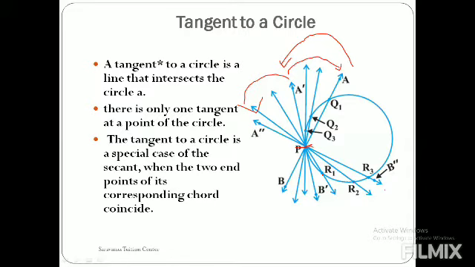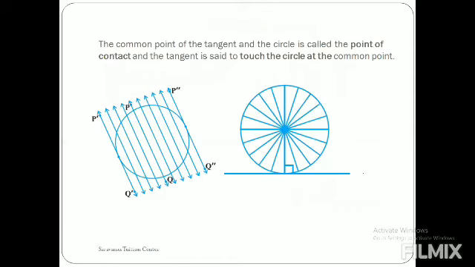When A double dash B double dash moves towards A dash B dash, similarly, the common point R3 moves towards the point P, from R3 to R2 to R1, okay? So the tangent to a circle is a special case of a secant when the two endpoints of its corresponding chord coincide. Moving on to the next activity.